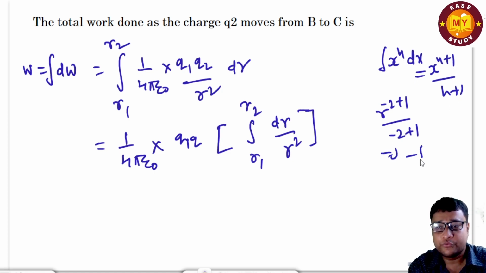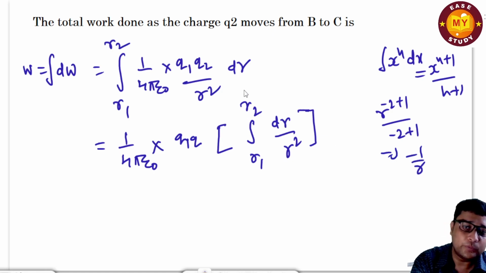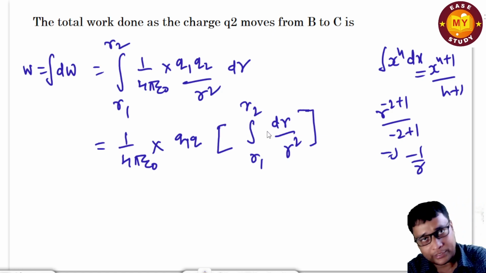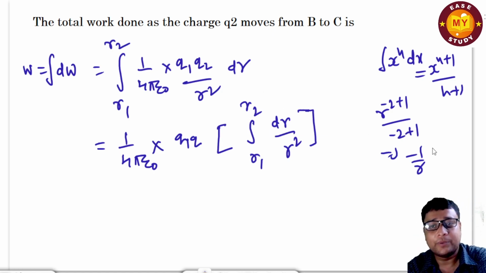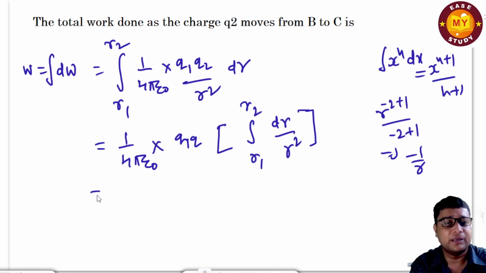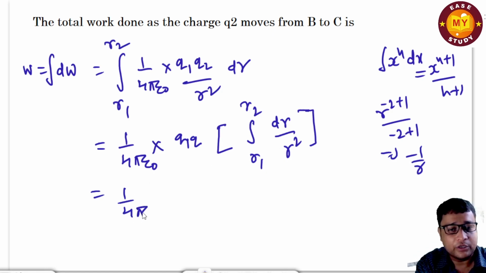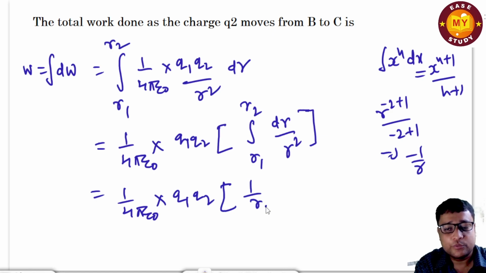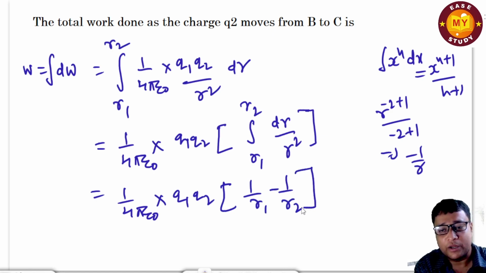So this will be -1 by r, and you have to put the upper limit first, then the lower limit, because whenever we write a definite integral we put the upper limit first. So -1 by r2 plus 1 by r1. So this formula will be 1 by 4 pi epsilon naught Q1 Q2 times 1 by r1 minus 1 by r2, right?